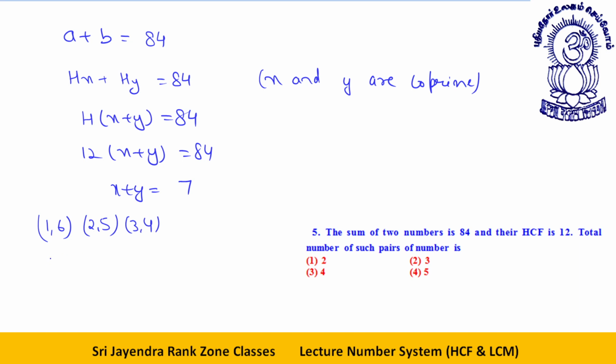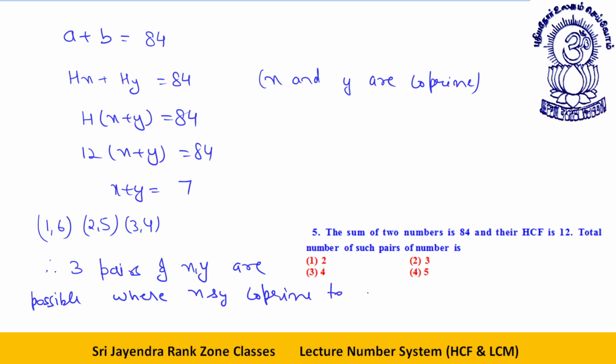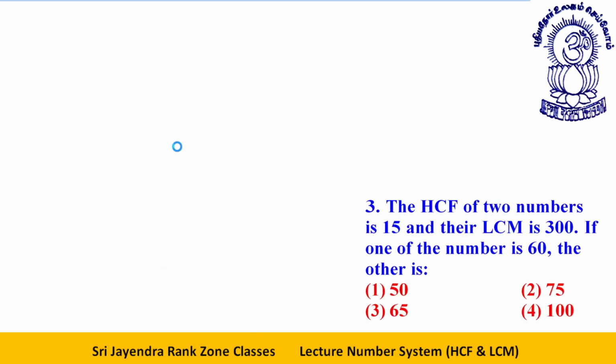So we have, therefore, three pairs of XY possible where X and Y are co-prime to each other and X plus Y is equal to 7. We have three such pairs. I'm sure this must be clear to all of you. Let's take the next question.